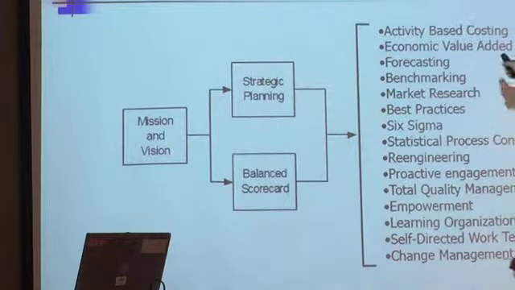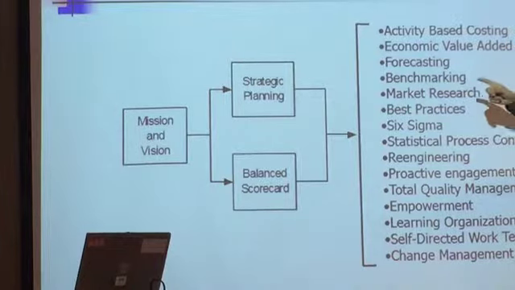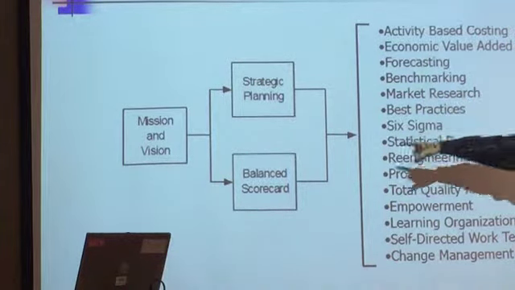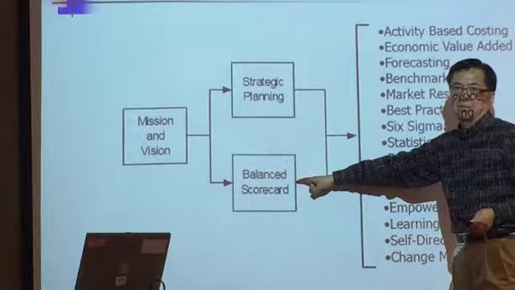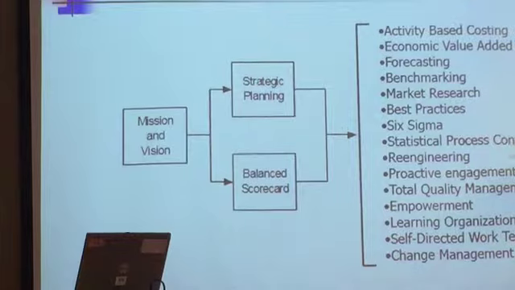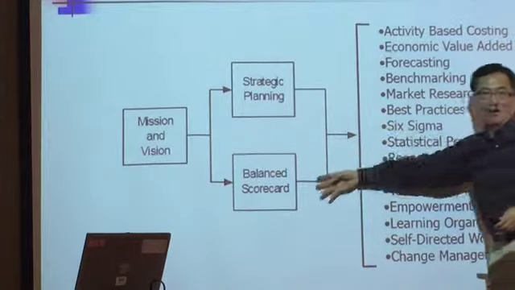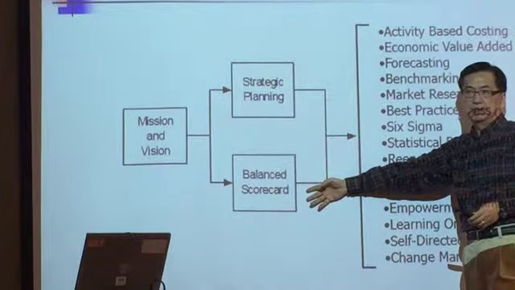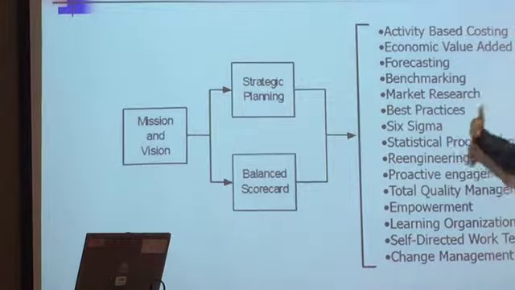So ABC is used in that setting, and in a manufacturing environment you are eliminating all unnecessary processes. Achieve the same objective with minimum cost. ABC, activity-based cost.